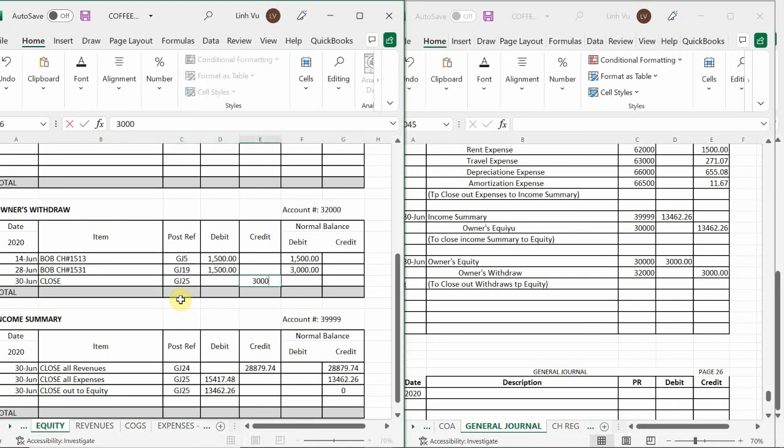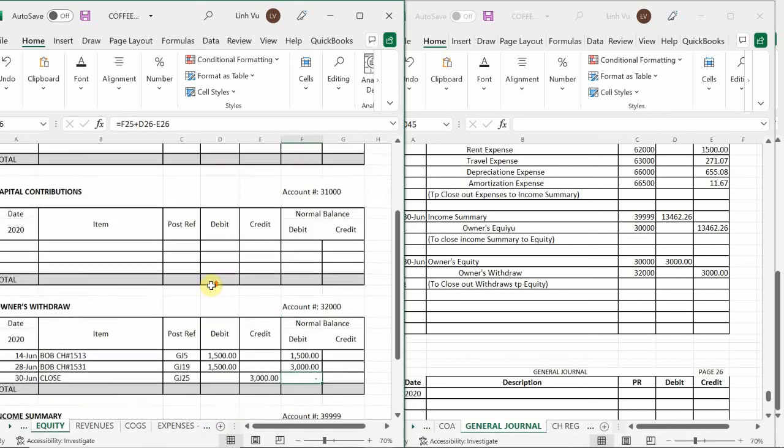I credited my account by $3,000 to the owner's withdrawal, which should bring me back to 0.